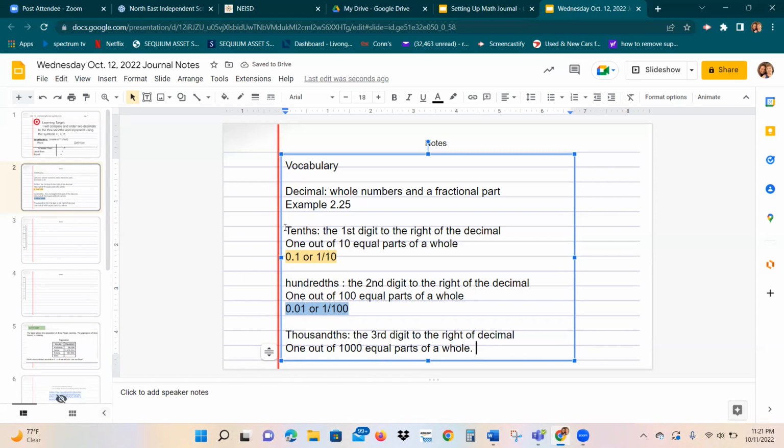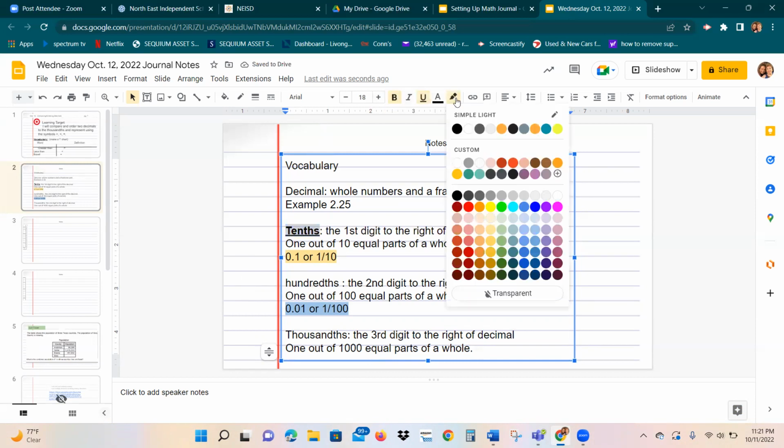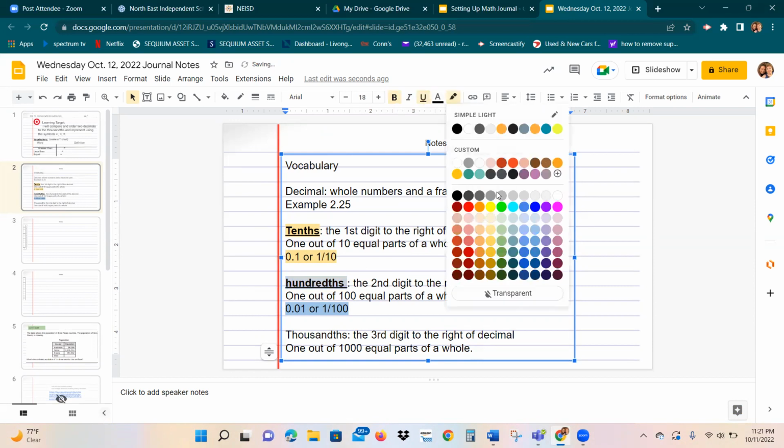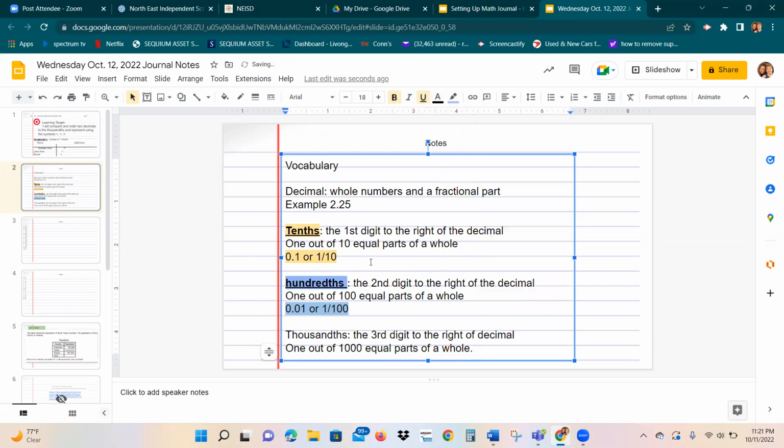Okay. And I'll go ahead and highlight the tenths and underline that part. I'm going to just go ahead and bold that so that you can see it. And I'll highlight that one in the yellow. And then we'll do the same thing with the hundredths so you can see the connection there. Put that in bold, underline, and that way you see that.